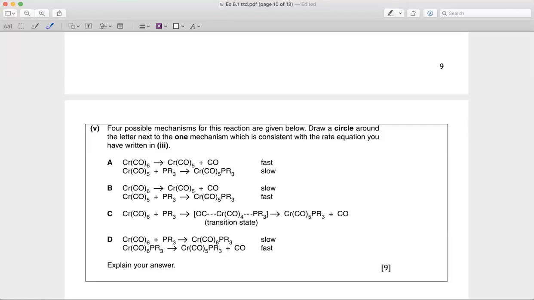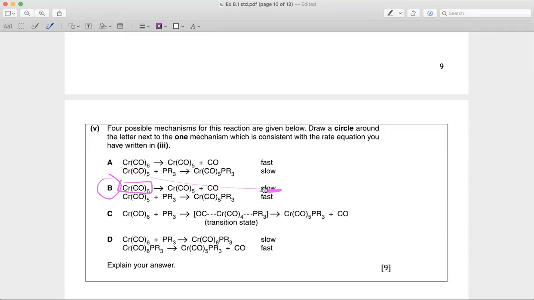B or D? The answer is B. The reason is because you look at the slow step, and in the slow step, you only have this chromium with 6 carbon monoxide.